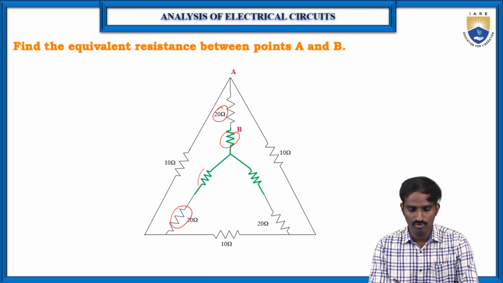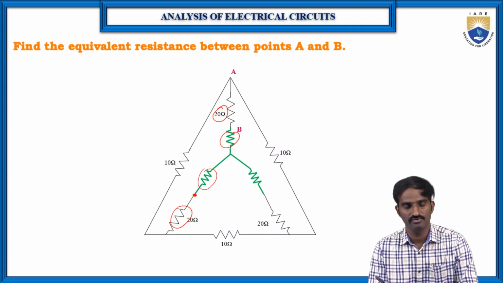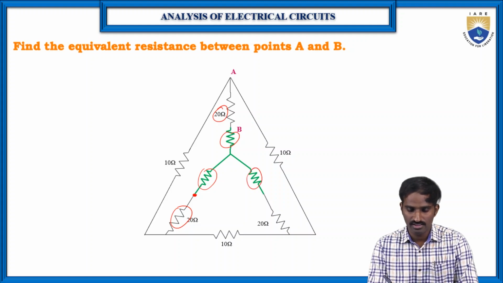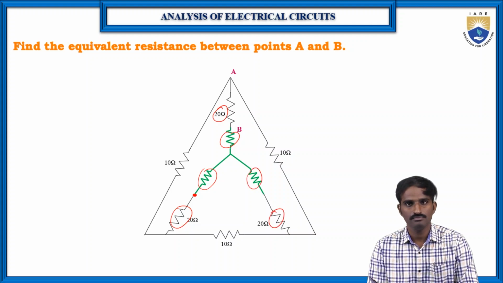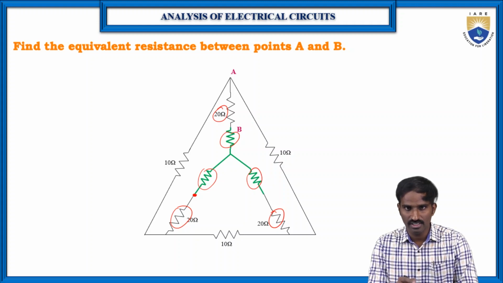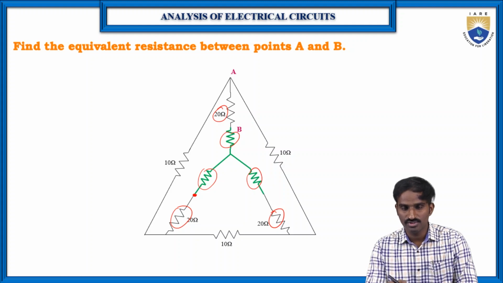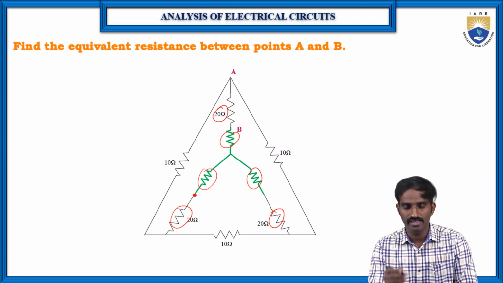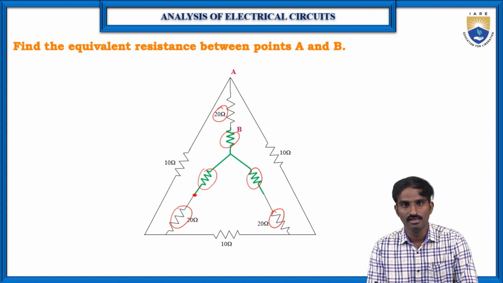Again, these 20 ohms and this are in series, because there is only one common node and that common node is not shared with any other element. And again this one also. So we are transforming delta to star connection to simplify or reduce the network, to calculate the equivalent resistance between the two terminals.